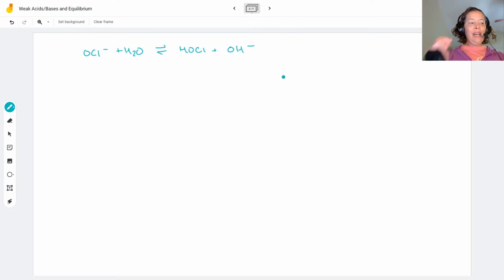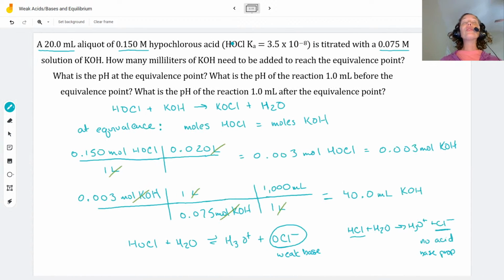All right. So we need to do an ICE table for this equilibrium expression. For this one, just because we've already calculated the moles, I'm going to use moles in my ICE table. Again, usually we use concentration, but you can also use moles.